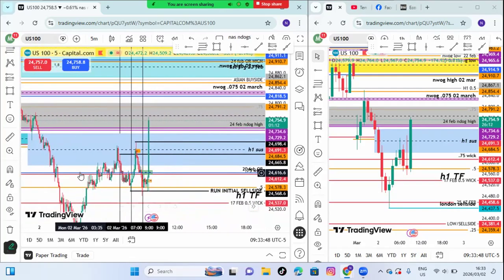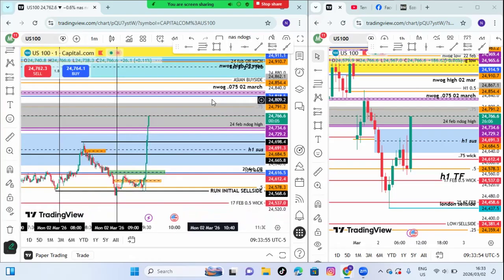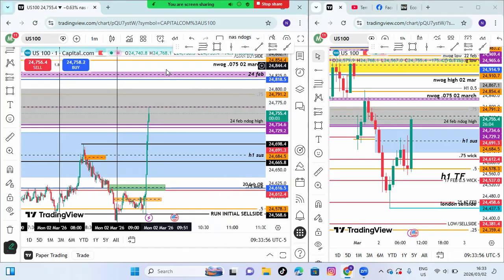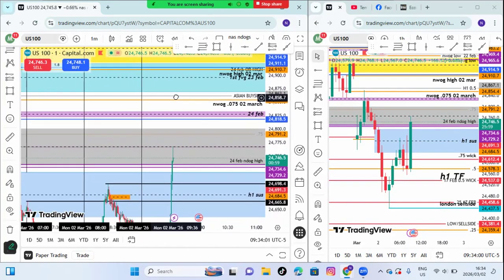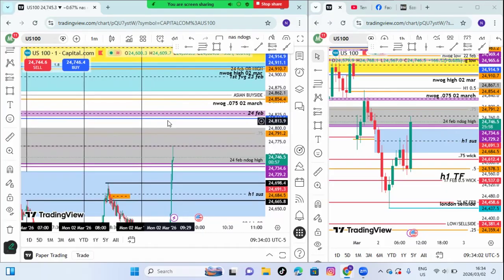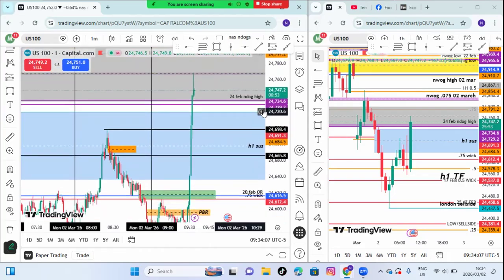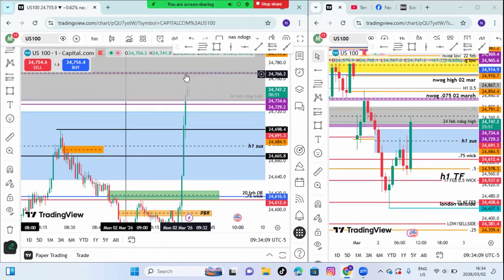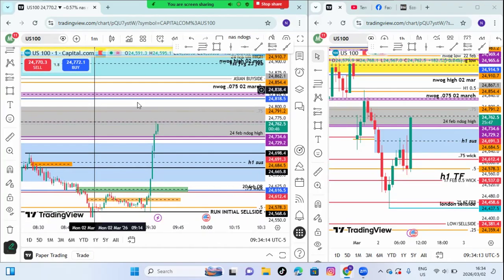Right? So let's go 1 minute. So the Asian buy side is right here. Okay, that's interesting. See, do we get there and get the sell?